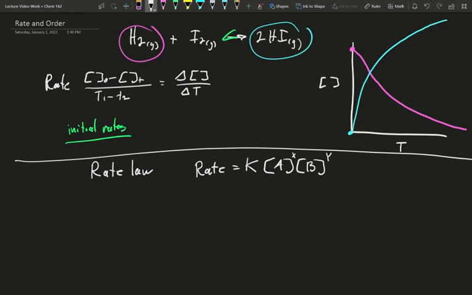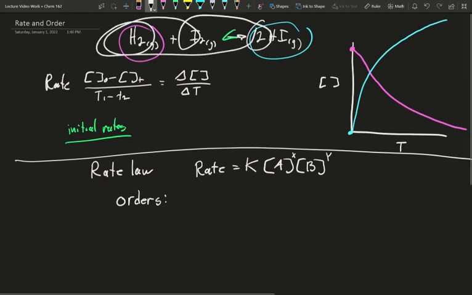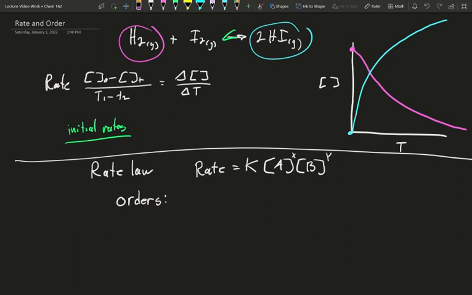K is our rate constant. Concentrations of A and B will be the concentrations of our chemicals, and X and Y are the orders. These are not the coefficients. They're not 2 or 1 from our reaction up above. These are based on the process by which the reaction occurs, the mechanism, which we'll describe more later on.